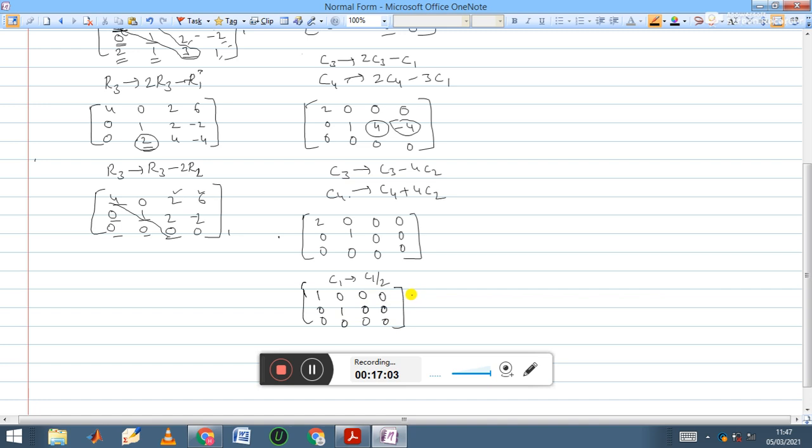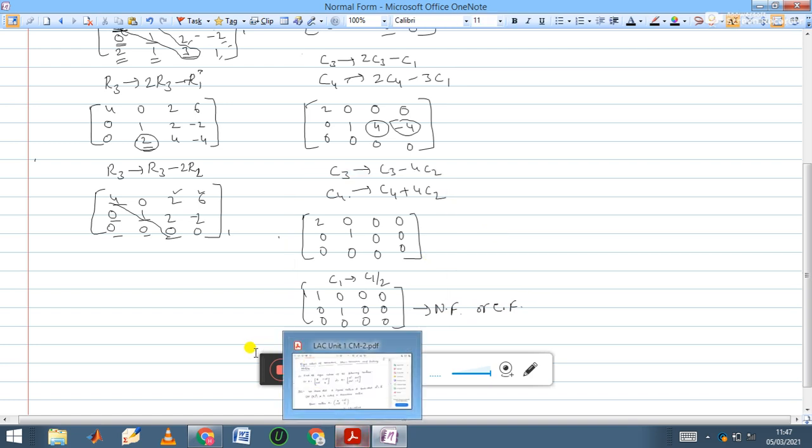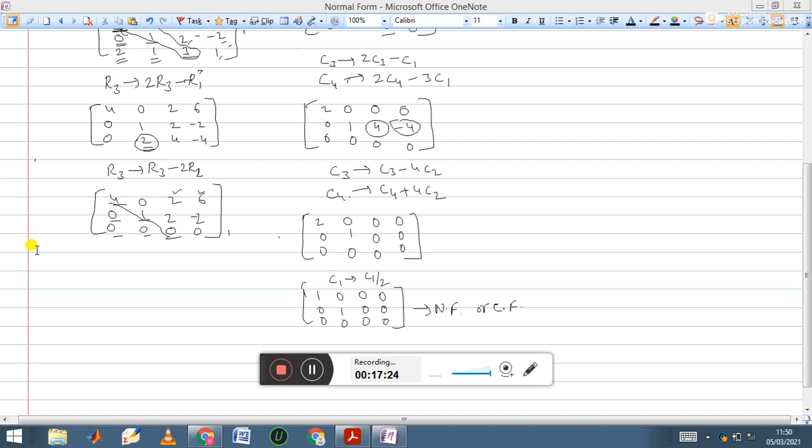Now it is of the normal form. This is known as your normal form, or it is also known as canonical form.